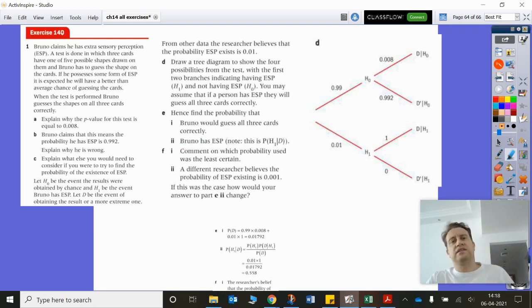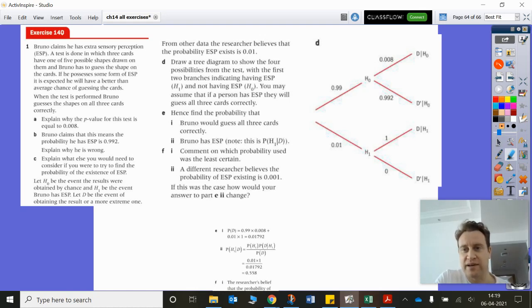Okay, and then it says Bruno has ESP. So that is the probability that he has ESP. Now, is that not this? Is that not what we assume from the start? Okay, Bruno has ESP, but they're telling us that's the probability that he has ESP, given that, so that's the conclusion that H1 is true, the alternative hypothesis is true, that we conclude that he has ESP, given that D is true.